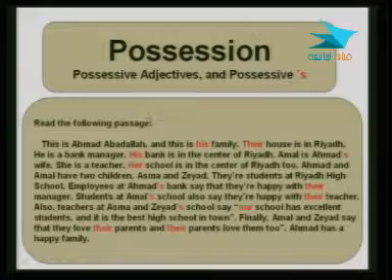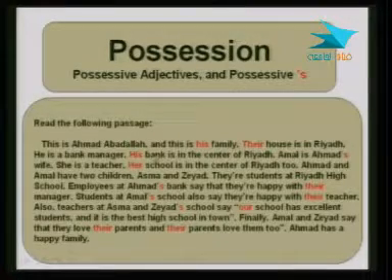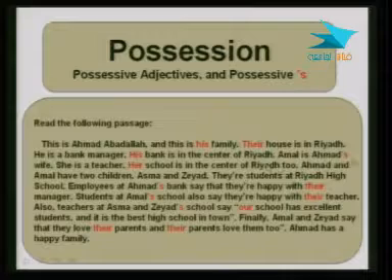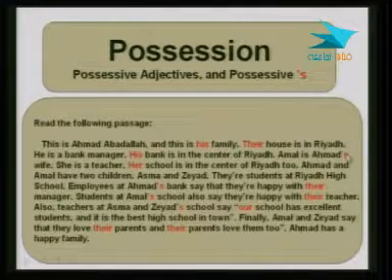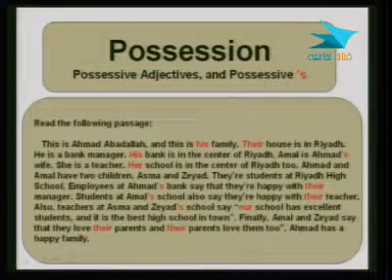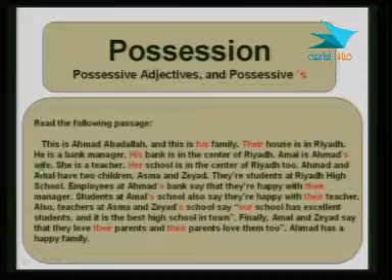Now, here we notice in red color the words his, their, his, her, and this is the apostrophe with S. This is called possessive with S. We use it to indicate that here, the wife belongs to Ahmed. She is his wife.